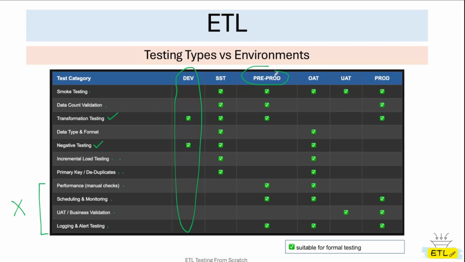So let's go to pre-prod now. In pre-prod, you see, we are checking smoke testing, data count validation testing, and transformation logic testing. Then we do performance testing, schedule and monitoring testing, and logging and alert. Similarly, OAT, which is operational acceptance testing.